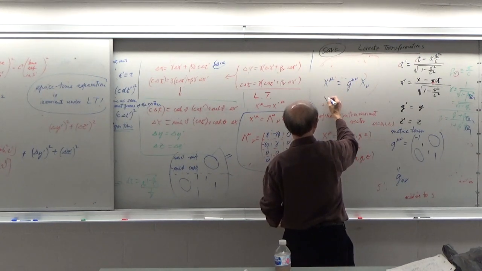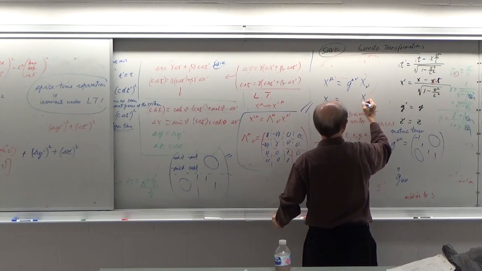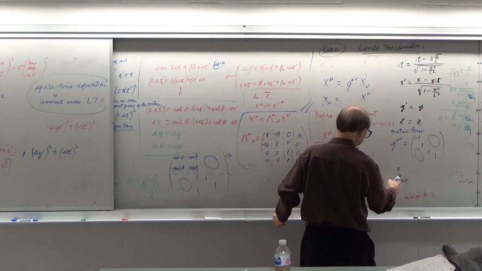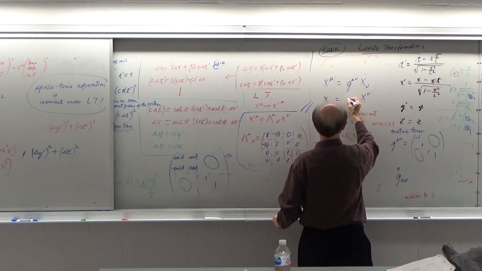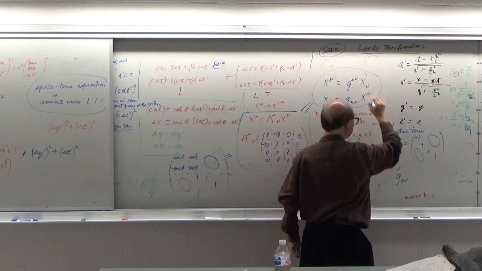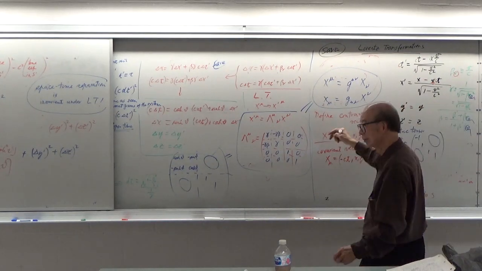And I can also obtain the covariant vector from the contravariant vector by applying this g_μν. By the way, g lower μν is the same as g upper μν. That's how you relate the two kinds of vectors.